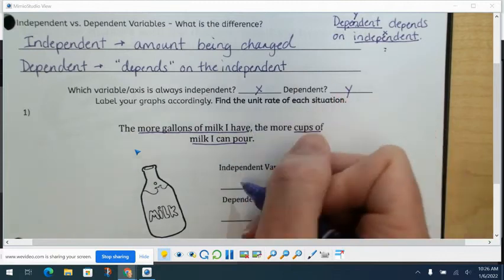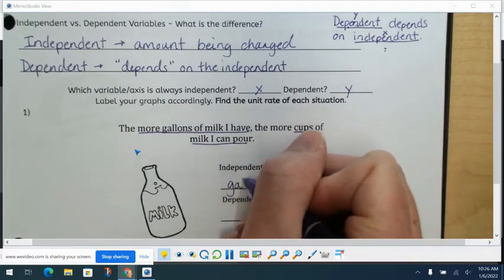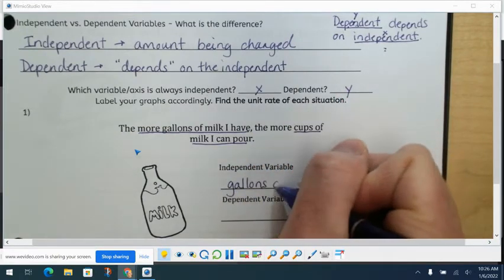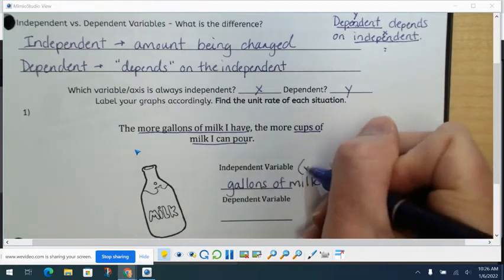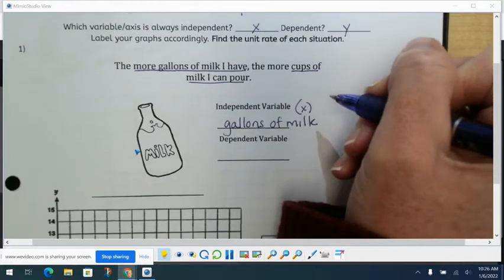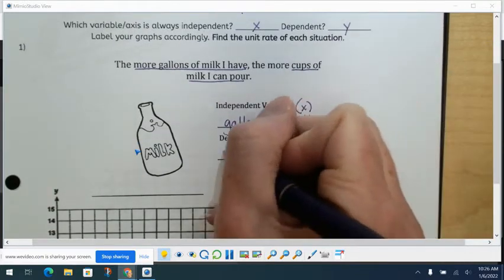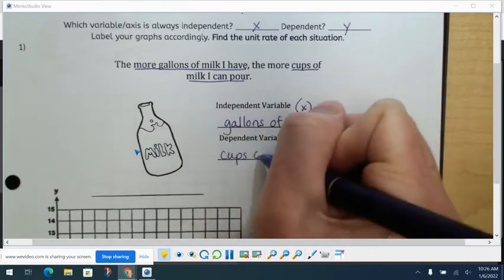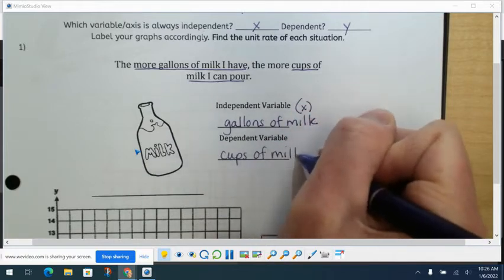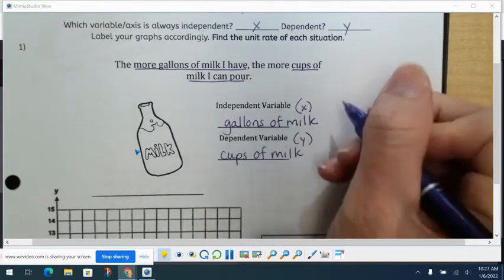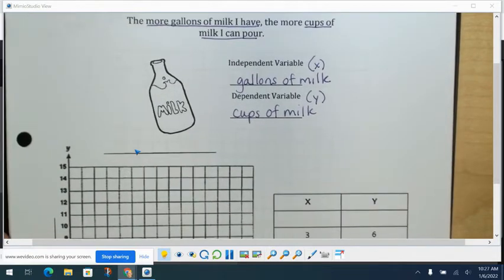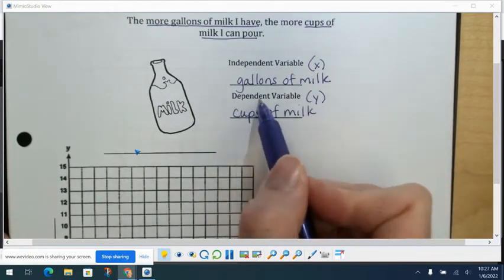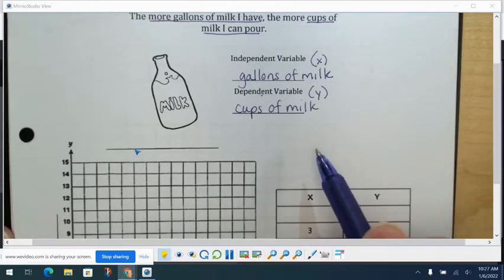My gallons of milk is my independent, and remember, that's my x. My dependent variable is my cups of milk. So always stick them in and see which one depends on the other one. In this case, the cups I can pour depend on the gallons.